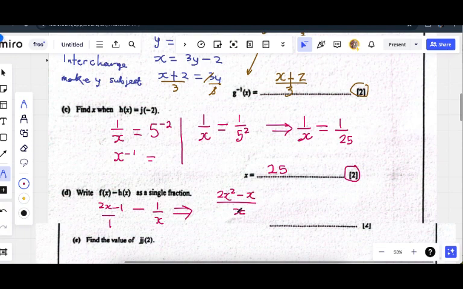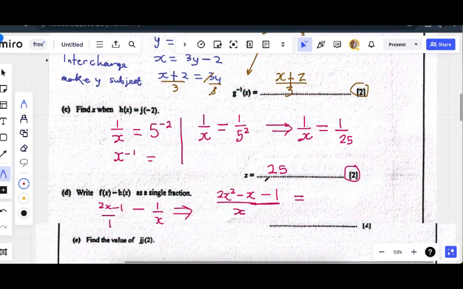Then we take x to divide this one. x divided by x, we get 1. 1 times 1, we get 1. So we write this minus 1 here. We extend the fraction line to reach. So this is the single fraction, the final stage. 2x squared minus x minus 1 over x.